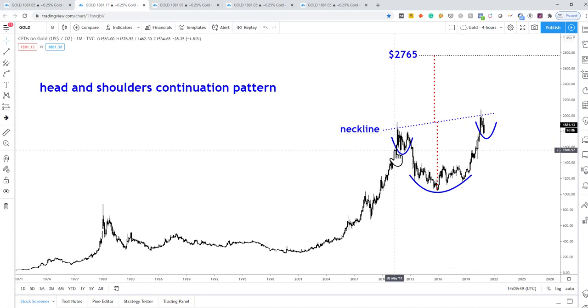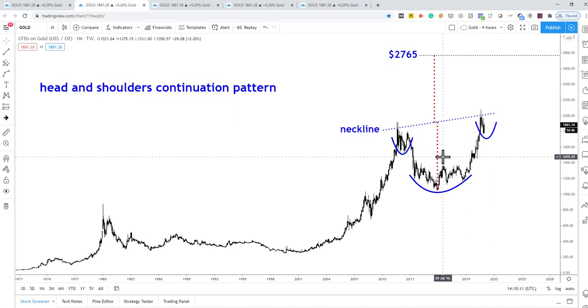And so the idea here is that there's our first shoulder, this is the head, and we're working on the second shoulder here, and it's likely to be, this is my bullish bias, kind of a skinny shoulder because I expect price to push above the neckline in short order in 2021.